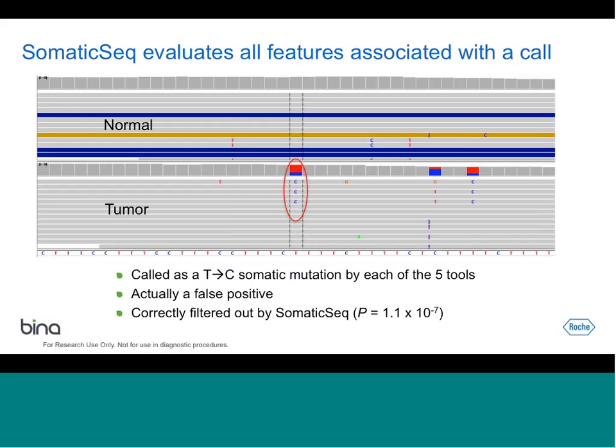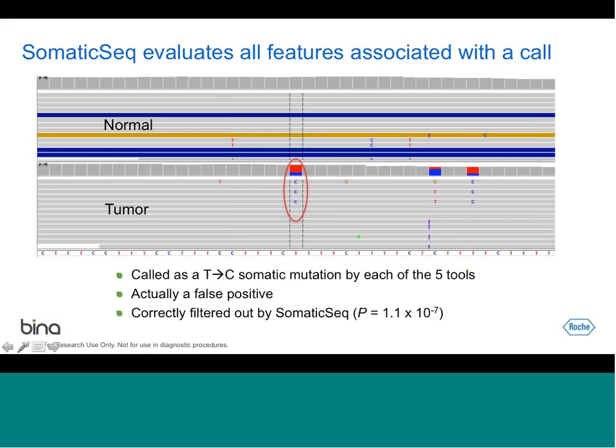Here I'm just showing an example of SomaticSeq's machine learning and how it uses those features to filter out false calls. This is an example of what appears to be a T to C mutation.